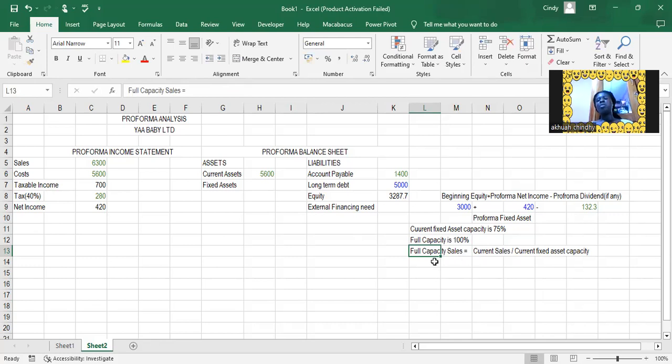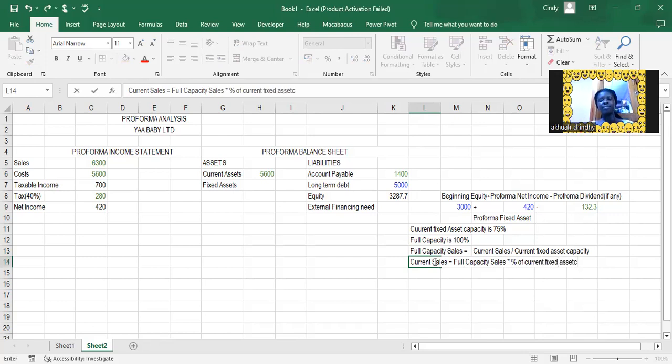In other words, our current sales is equal to our full capacity sales, which we don't know, times the percentage of current fixed assets capacity, right? So this is it. If you want to know your current sales, this is the formula. If you want to know the full capacity sales, this is the formula.